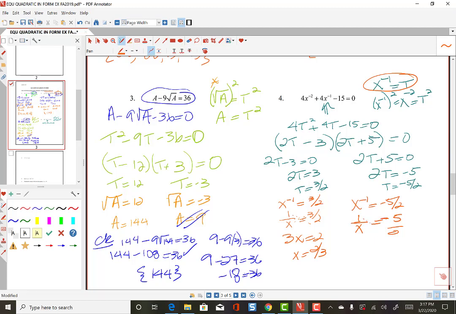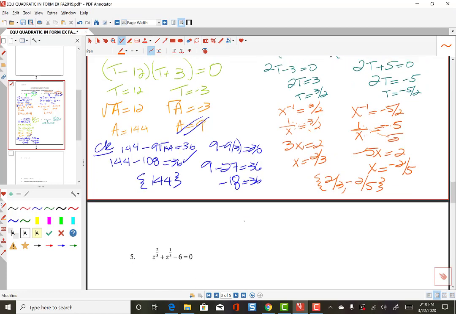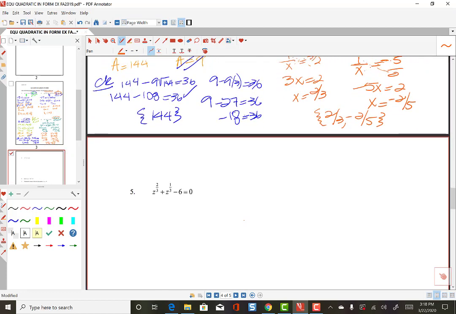All right, so again, I can cross multiply. So I have negative 5x is equal to 2, or that x is equal to a negative 2/5. Okay, so again, if I was to write this in solution set notation, I'm going to have 2/3 and a negative 2/5.